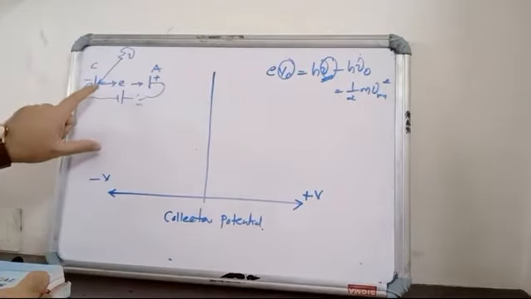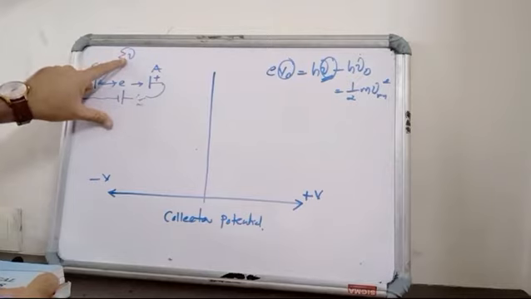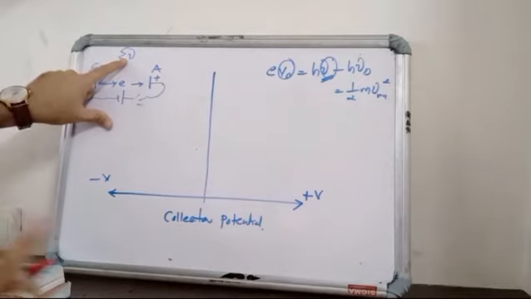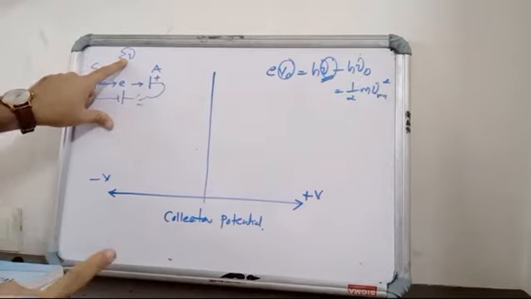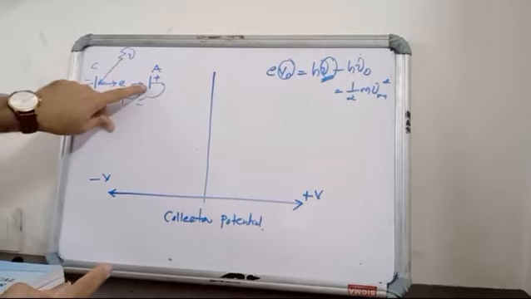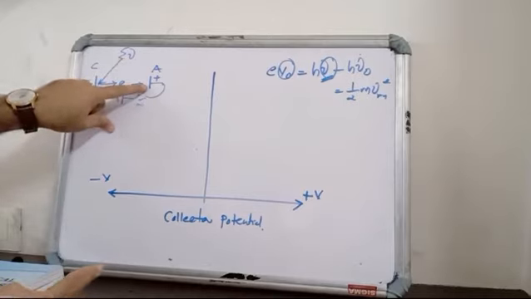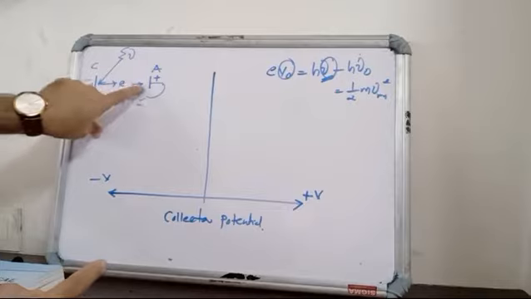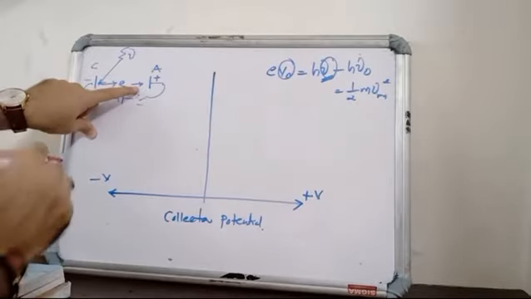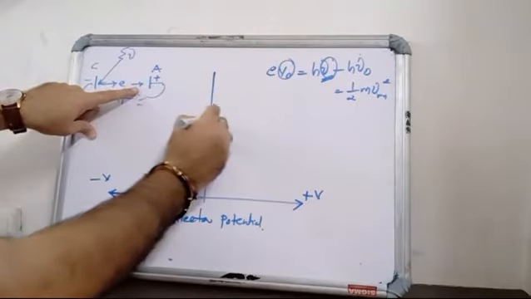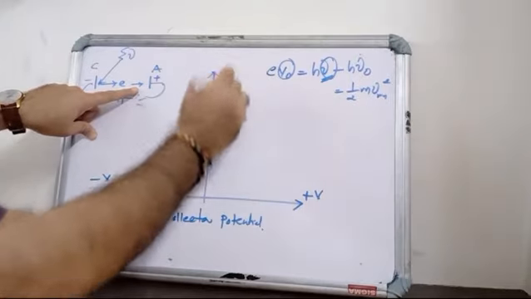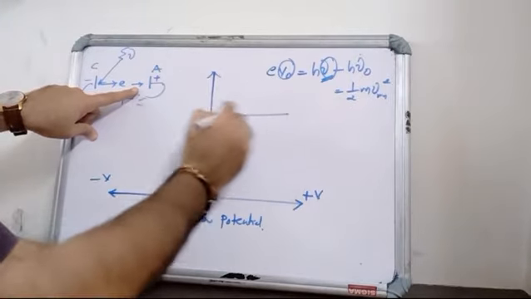Suppose the intensity is I1, 50 photons per second, and the efficiency is 100%. Then when all 50 electrons emitted from the cathode reach plate A, that current is called the saturation current, and it is constant.